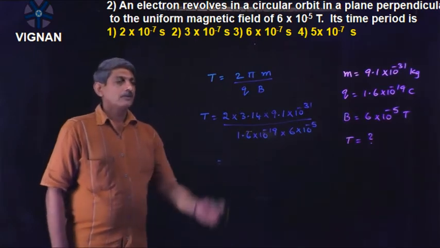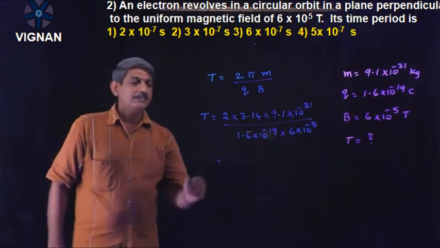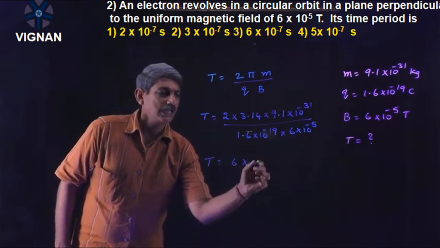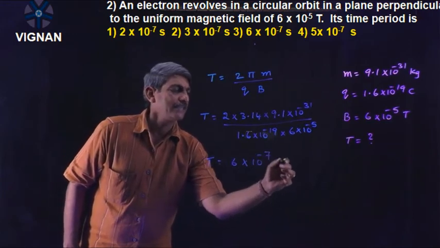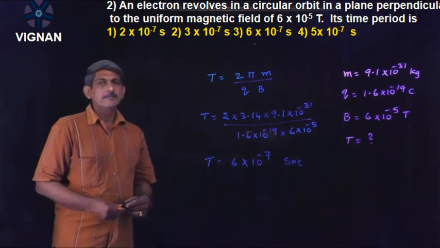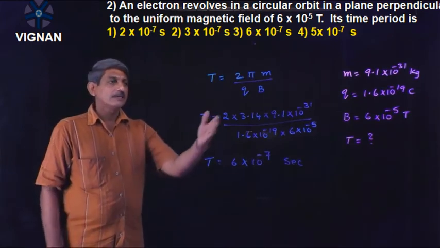By simplifying this, we get T is equal to 6 into 10 to the power of minus 7 seconds.